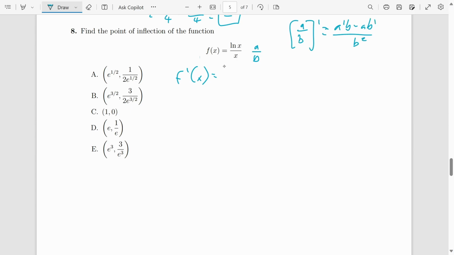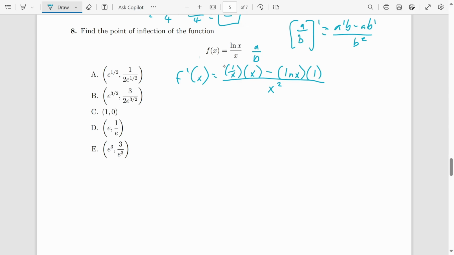There we go, I still got it. So our a prime, that's the derivative of ln of x, that's just 1 over x, times b, which is x, minus a, which is ln of x, times b prime, that's the derivative of x, that's just 1. And then that's all divided by b squared, which is x squared.